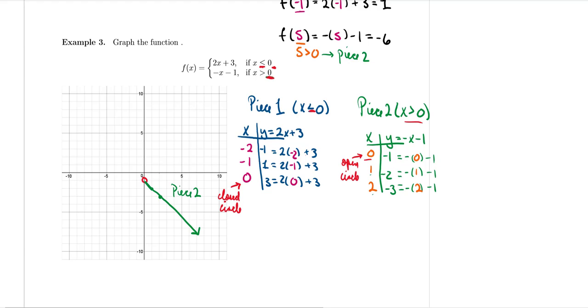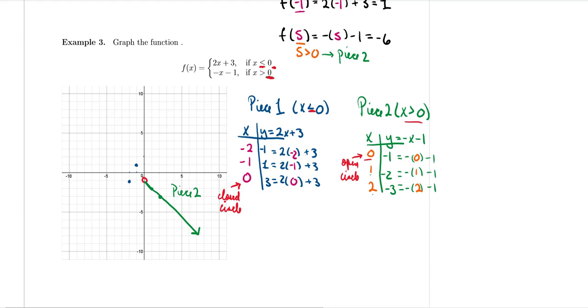Now let's take a look at piece 1. Well, piece 1 told us that when x was -2, then the y value was -1. So let's see, when x was -2, then -1. When x was -1, we got 1. There we go. And when x was 0, we got 3.